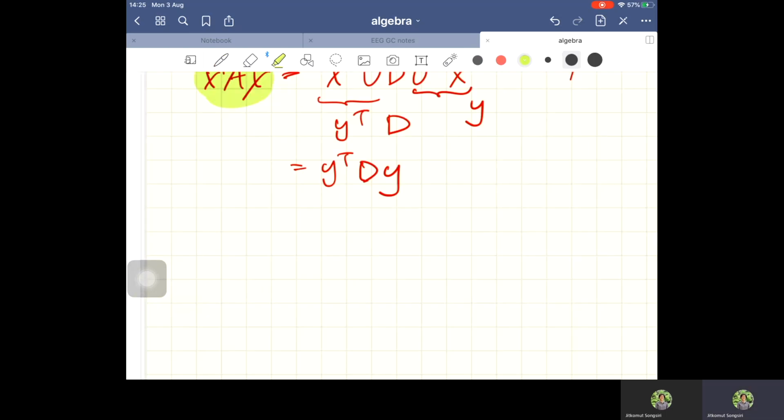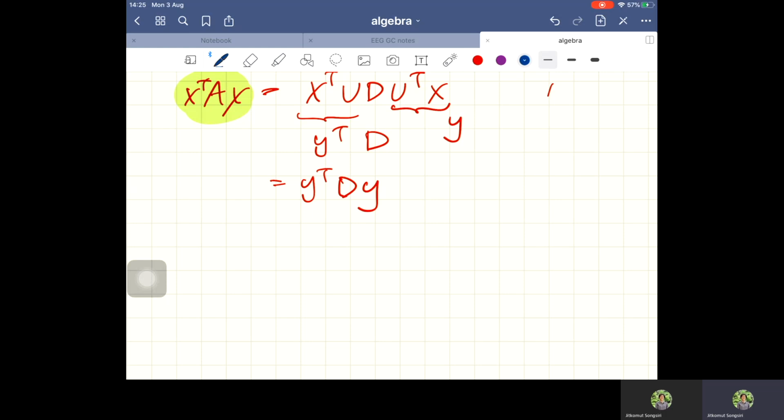On the left-hand side, this is called a quadratic function in X, because X appears in the expression like a quadratic function. We call it a quadratic form in X. When A is a symmetric matrix, you can change the expression in terms of vector Y, where Y relates to X by this equation.